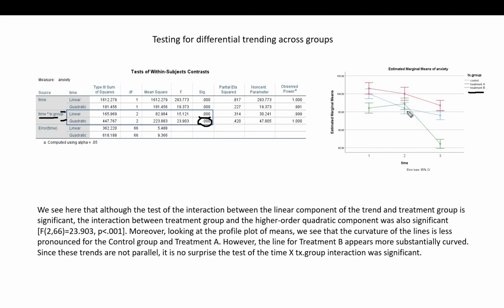They're not exactly, but they're somewhat parallel. Whereas at treatment B, what you see is much more of a strong curvilinear trend over time. And so that's what this is actually picking up right here in terms of this test of the time by treatment group interaction effect with respect to that quadratic component.